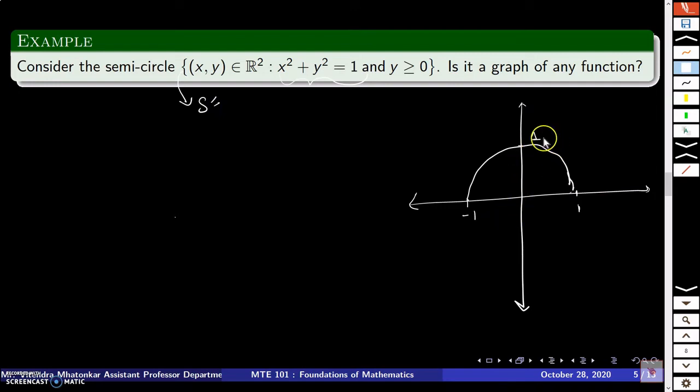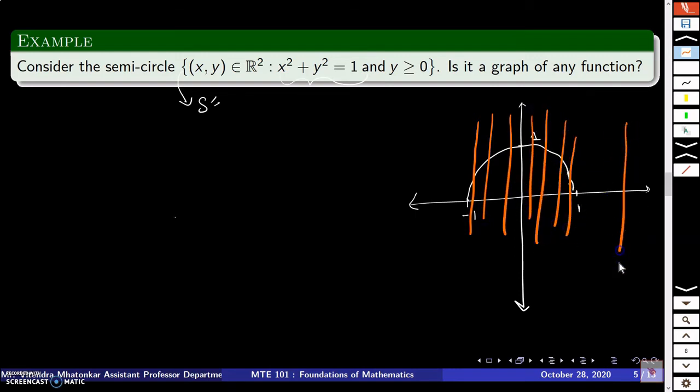Now for this set S, first of all, does there exist a function whose graph will be equal to this set? If you look at the vertical line test now, no matter which vertical line you draw, that will always touch this set at most once. This vertical line is not touching the set, that's okay.